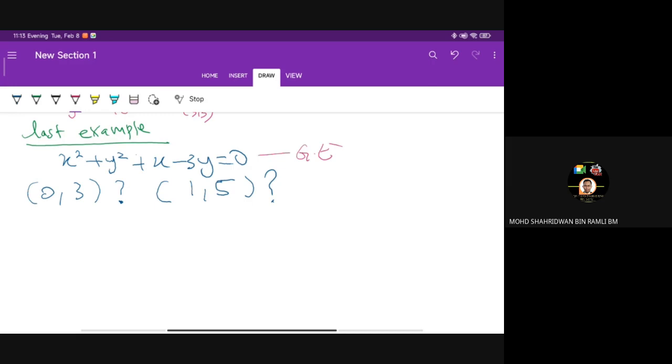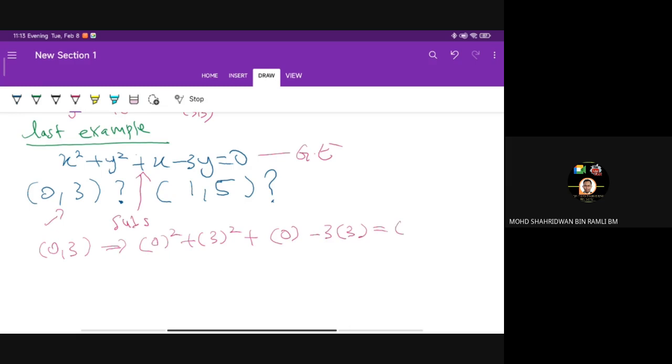Now we want to test whether (0, 3) lies on the circle, lies outside the circle, or lies inside the circle. So how? You only need to substitute into this general equation of the circle. When we substitute (0, 3), it will be 0 squared plus 3 squared plus 0 minus 3 times 3.